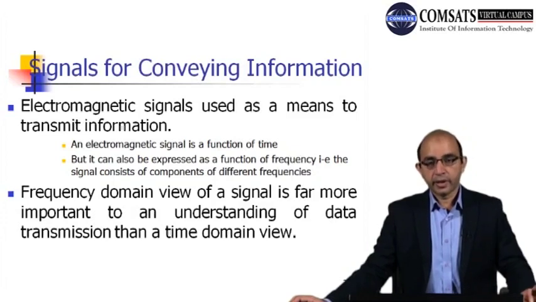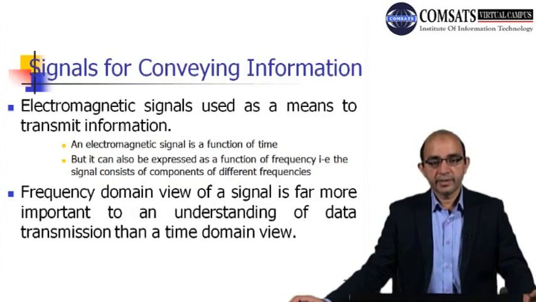Time domain concepts are important in order to find certain parameters of the signal, and frequency domain analysis is important for other parameters of the signal, for example bandwidth and the spectrum, and so on.